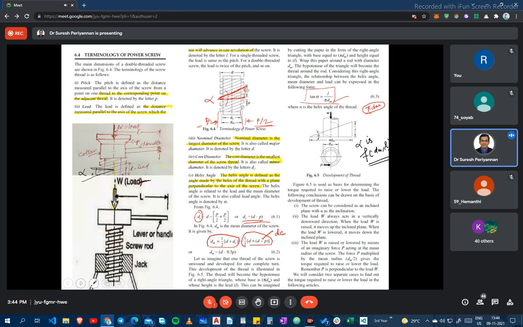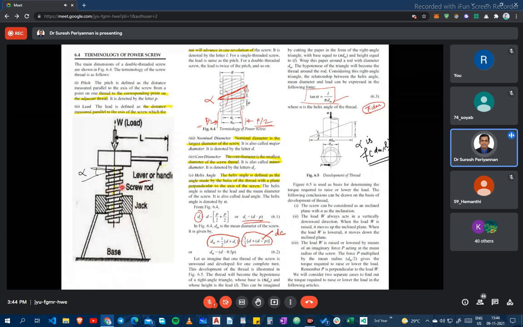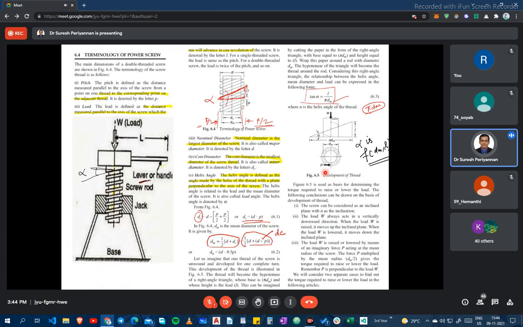Now I take another figure. This is our inclined plane, and in this inclined plane the load is acting downward. When the load is raised, it moves up the inclined plane. When the load is lowered, it moves downward along the inclined plane.